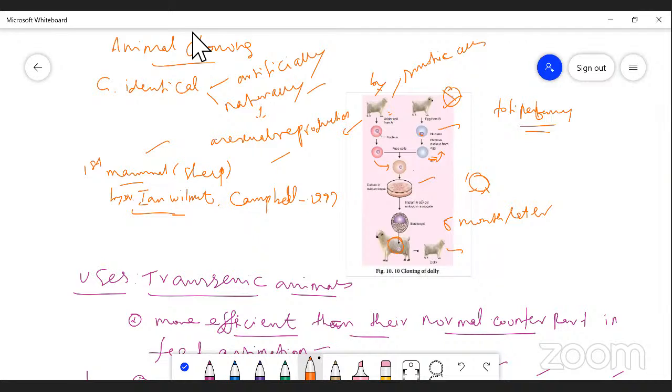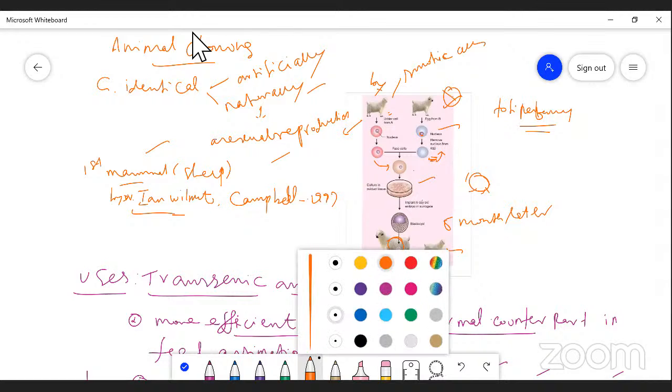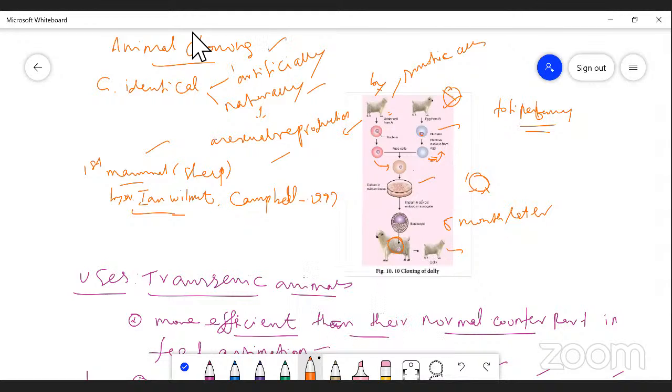The cloning of animals. Cloning is a process. What type of process? Producing genetically identical individuals of an organism. Genetically identical organisms are produced by either artificial or natural methods. Naturally, it is produced by asexual reproduction.